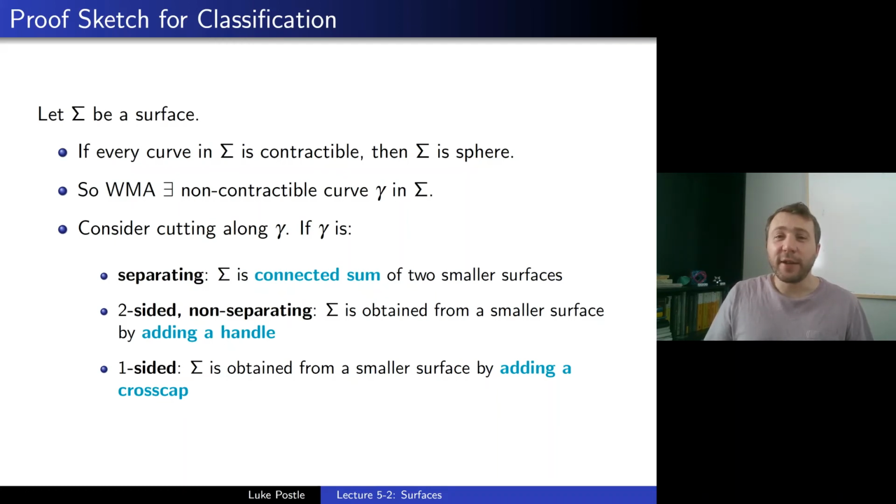If we went back to the larger surface, we'd be taking a disk and turning it into a one-sided curve, so that would be adding a cross cap. So you can view connected sum, adding a handle, and adding a cross cap, and their inverses, as cutting along certain kinds of curves in the surface: separating, two-sided non-separating, and one-sided. So in this way you could essentially prove the classification theorem modulo one last bit.